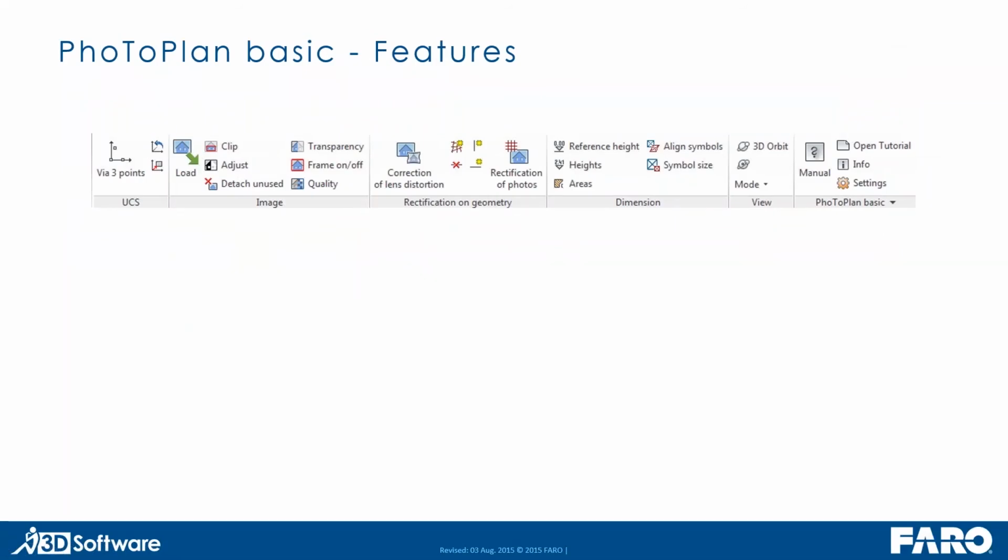Now let's have a look at the features, at the functionality of Photoplan. We have 4 different modules of Photoplan, which are based on each other. Let me start with the smallest Photoplan package, which is Photoplan Basic.